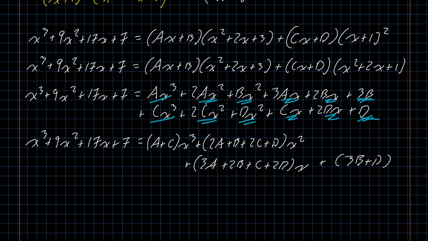And then I'll double check by counting. I had 12 terms in the earlier line, and if I count the stuff in parentheses, I have 12 things. So I probably didn't lose any.